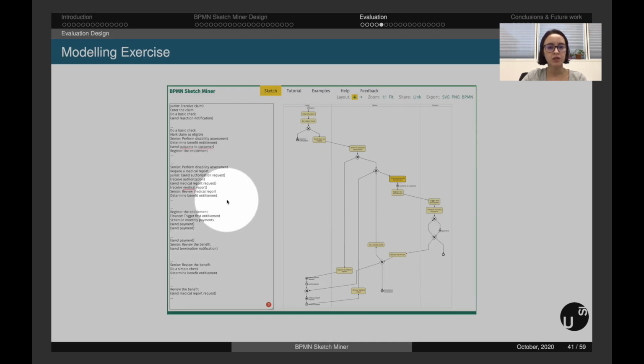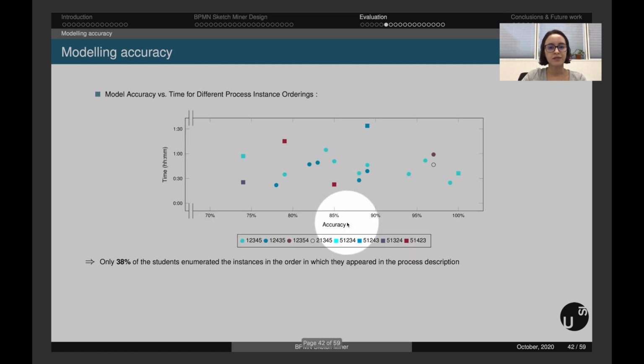So this was the process that we asked the students to model. This is composed of 5 process instances with 3 swim lanes, and they are required to use different constructs. Here we plot the accuracy of the models of the students, of the solutions that they produced.